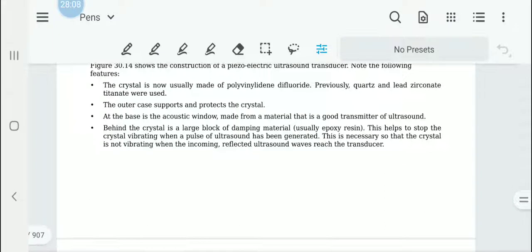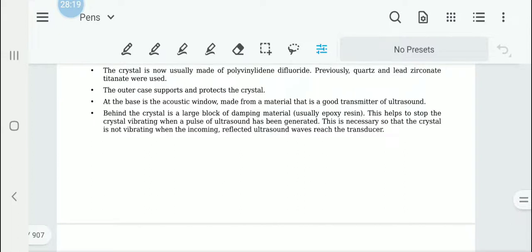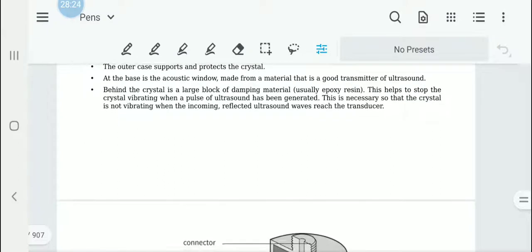There is an outer case which supports and protects the crystal. At the base, there is an acoustic window made of a good transmitter of ultrasound.